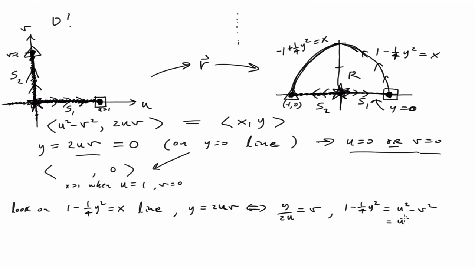So we have u squared minus y squared over 4u squared, because we're squaring. All right, so these two things have to be equal along this line. And the only way that happens, we conclude then that u has to be equal to 1 for the entirety of that curve. We know u was 1 at the beginning, but we found out it's actually true along this whole curve. So in fact, u is going to go up like that.